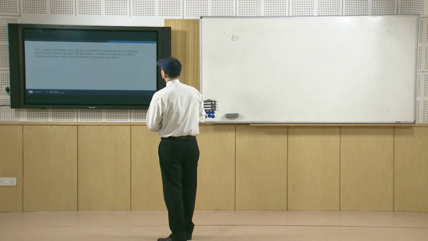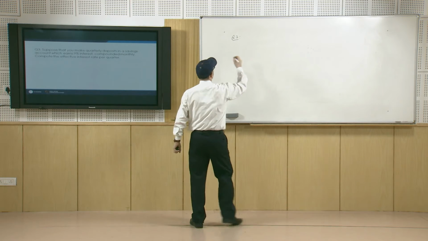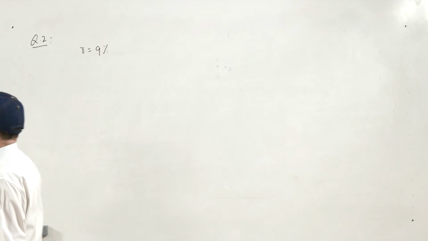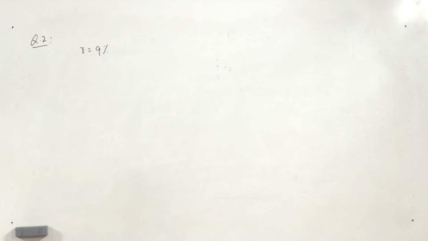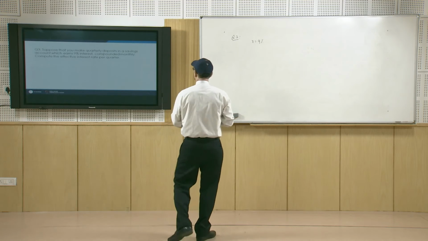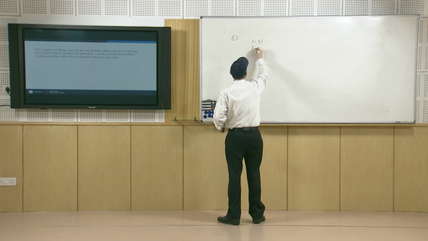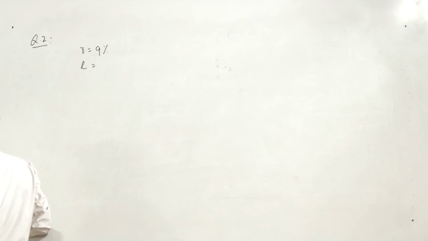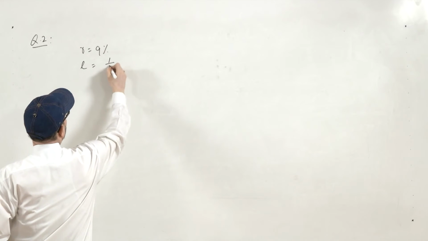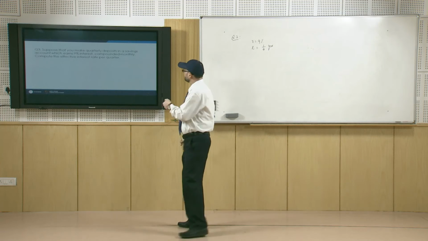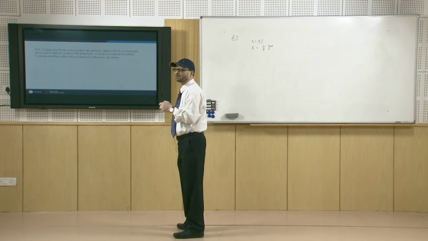So, what you see is your R is 9%, compounded monthly, and you have to find the effective interest rate per quarter. It means L, in terms of years, is 1 by 4 years. Per quarter you have to calculate, so it means you have to calculate for 3 months.